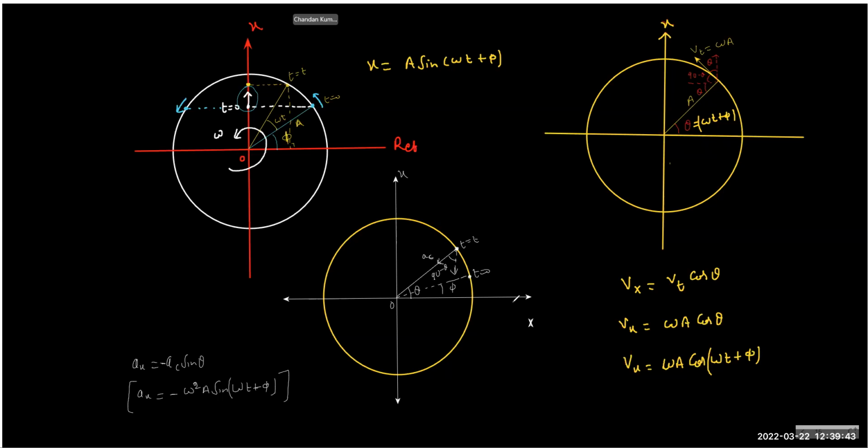Yes, understood. See, phi equals 0 is a special case, so that you take especially located. But this is how we do it.